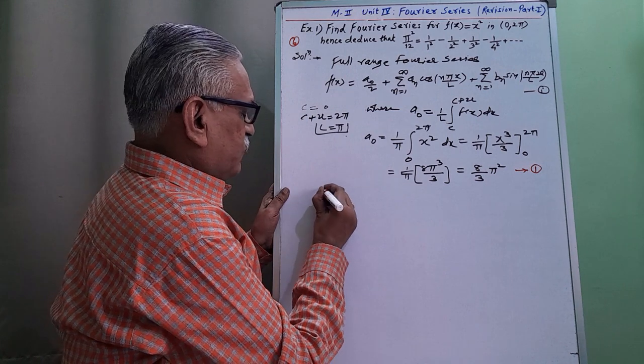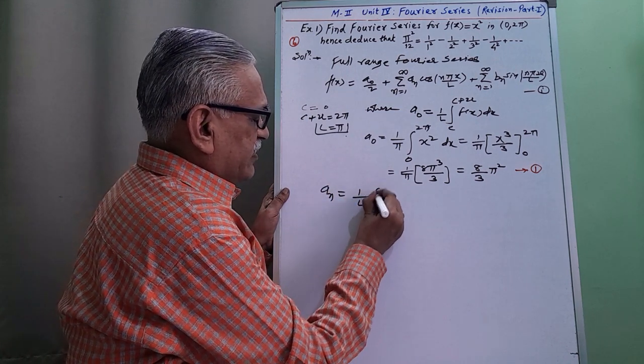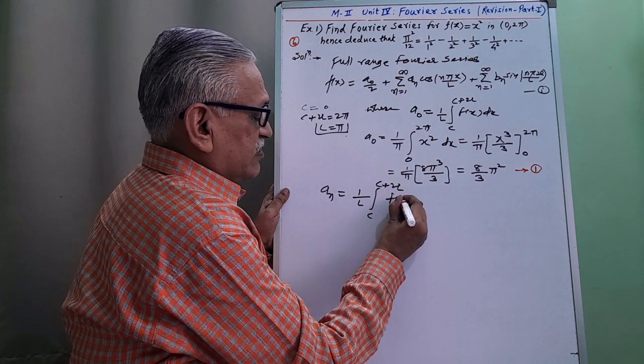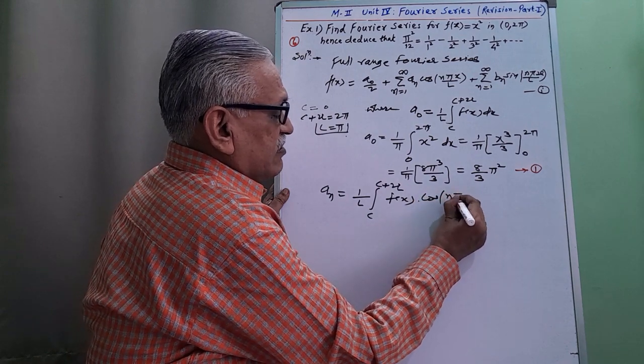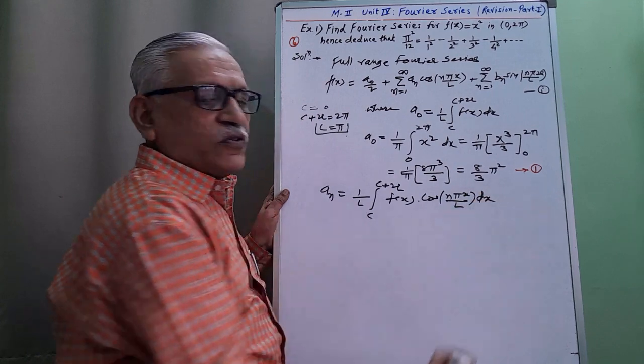Then in second step we try to find out an by formula 1 by L integration from C to C plus 2L f of x into cos of n pi x by L and its integration with respect to x.